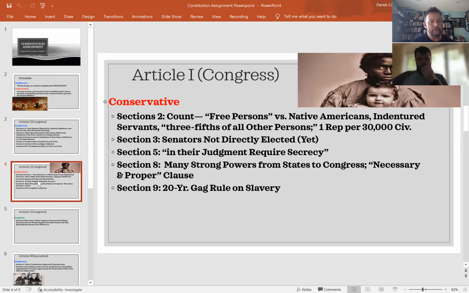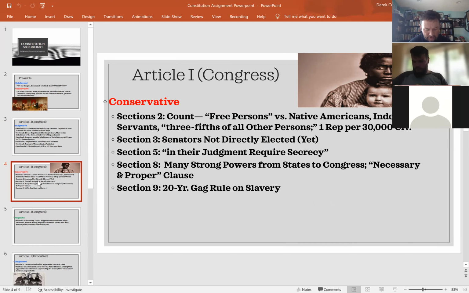Let's see here. So what about conservative, however, right? Notice when it mentions the House reps and talks about representation, you're looking at section 2, the third paragraph.